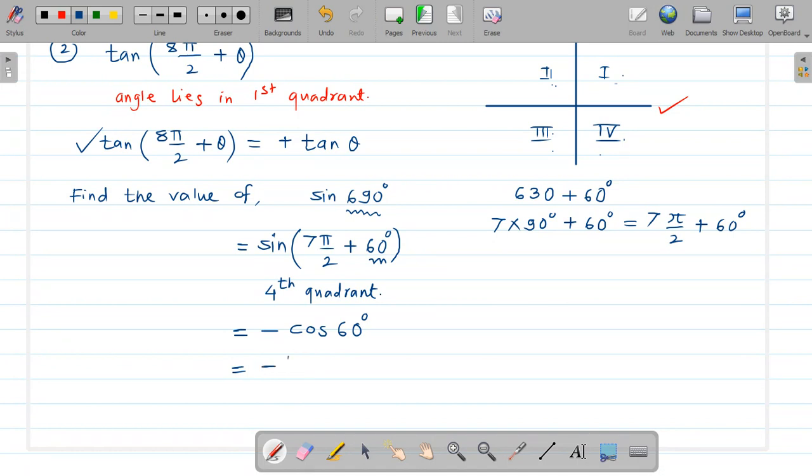So the answer is minus 1 by 2. So we get the value of sine of 690 degree as minus 1 by 2. To get the trigonometric values for some large angle like this, we have to use the allied angle formulae. So you must know the generalization of the allied angle formulae that we have discussed in this lecture.